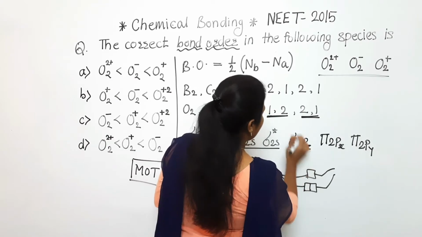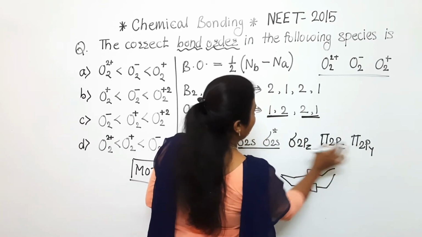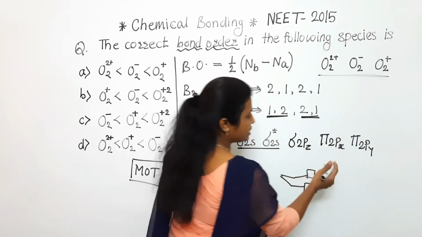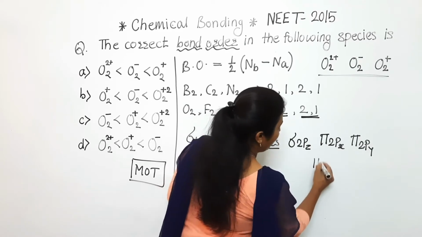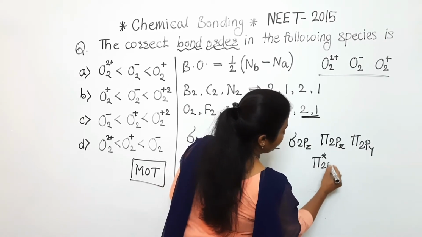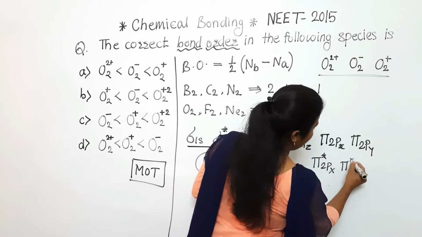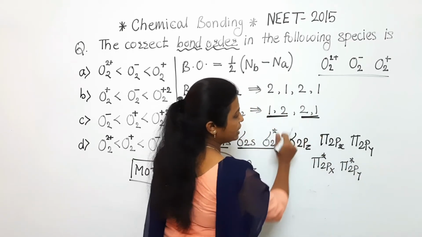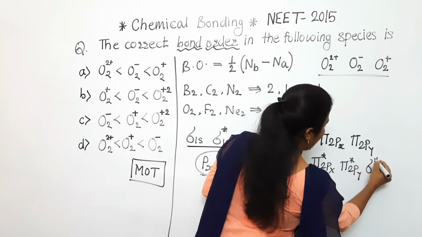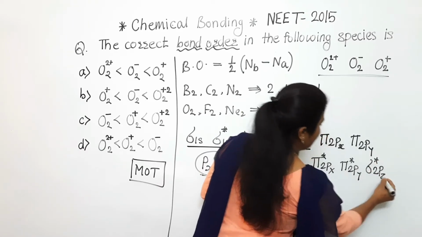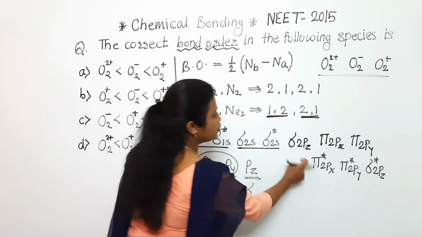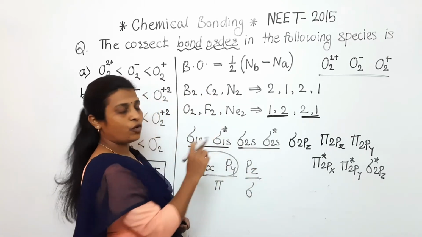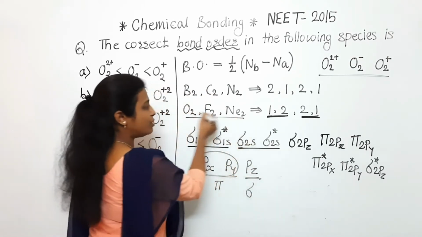See, here 1 2 completed. Now 2 1. 2 1 means again we have to write pi star 2px pi star 2py, and after that 1 is there, means sigma star 2pz. Clear to everyone? So this is the general electronic configuration for these ions or molecules.